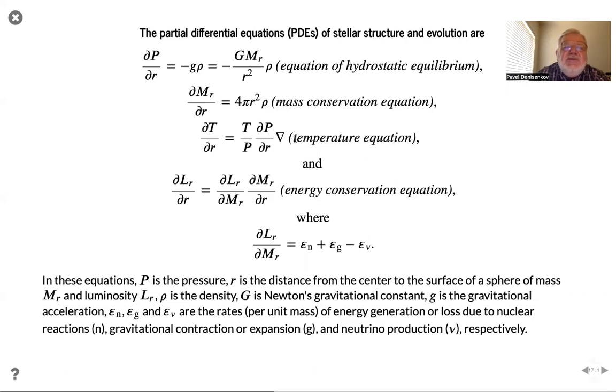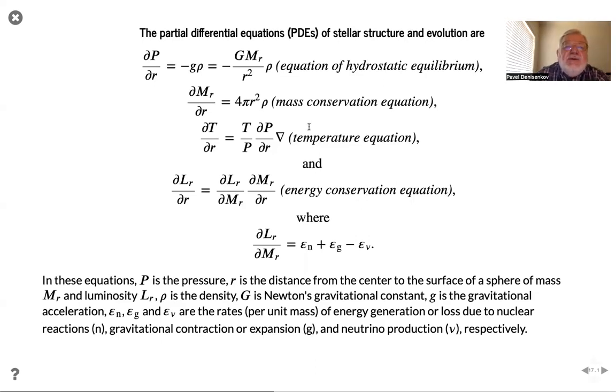The physics for this equation, for the heat transfer inside the star, is actually included in the right expression for this nabla, the logarithmic temperature gradient with respect to pressure, about which I will talk in the next slide. Finally, the fourth and last equation, 1, 2, 3, 4, is the energy conservation equation.